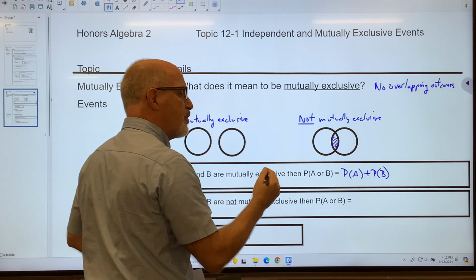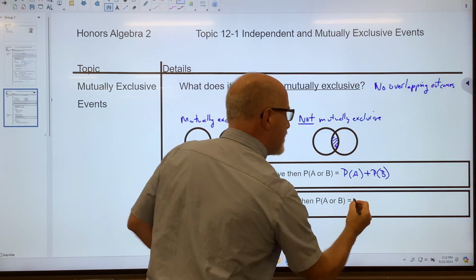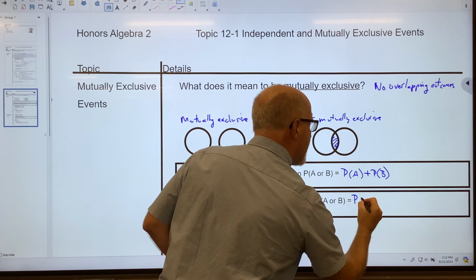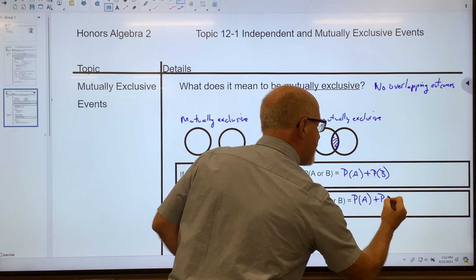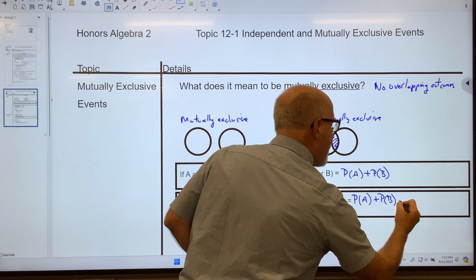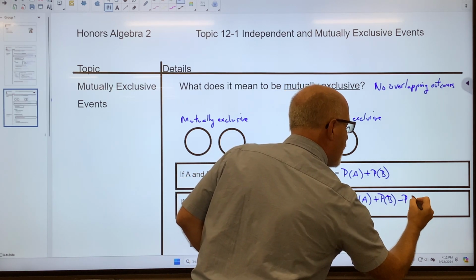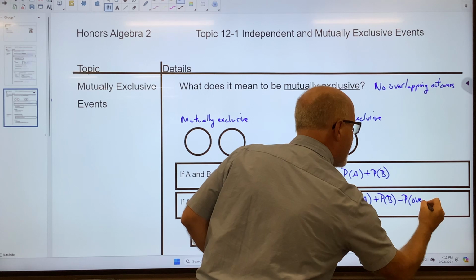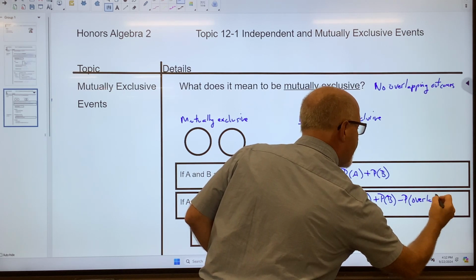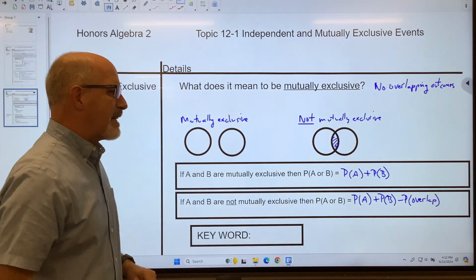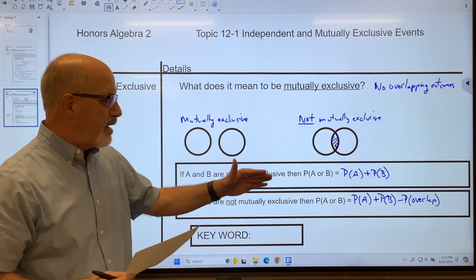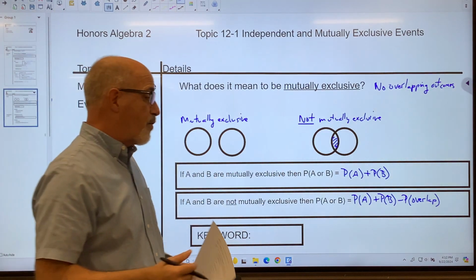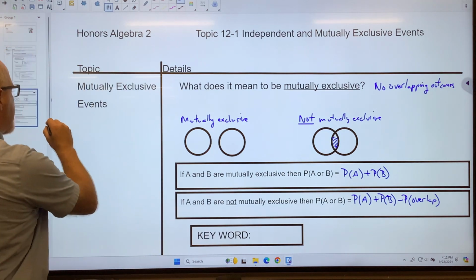So for the probability of these, you have to go probability of A plus the probability of B minus the probability of the overlap. That's where we have both of them occurring, so you've got to look for where they overlap, and that's where we'll subtract.